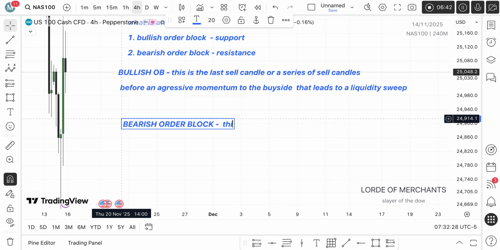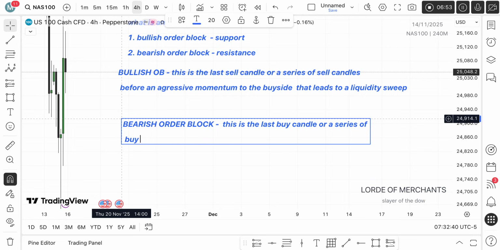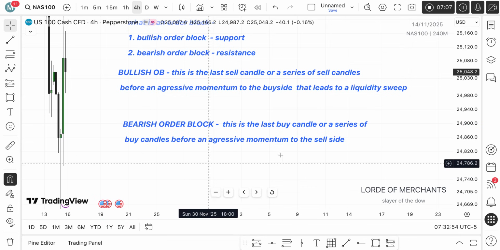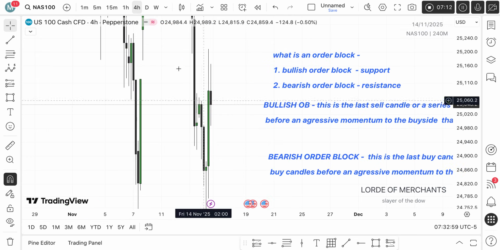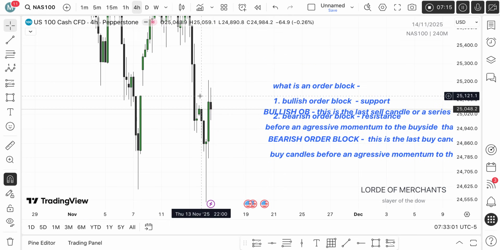This is the last buy candle or a series of buy candles before an aggressive momentum to the sell side. Usually this one offers resistance. So let us get to the charts and see examples of a bearish order block.